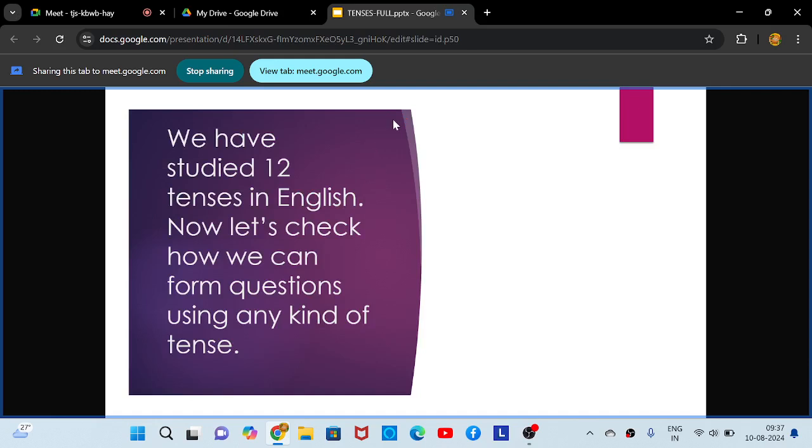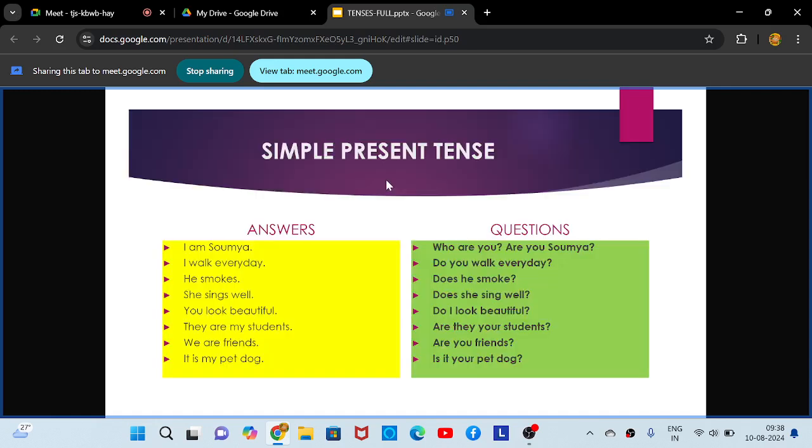So we have studied 12 tenses in English. Now let's check how we can form questions using any kind of tense. Even if you look at a question, you must know in what tense it is written, whether it is simple present or simple past or simple future, right? So the first one is simple present tense.